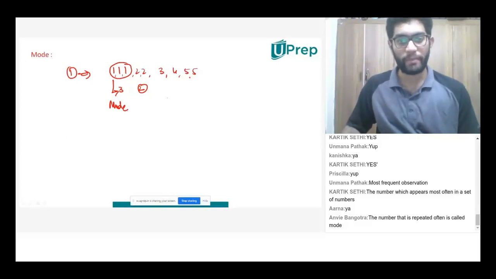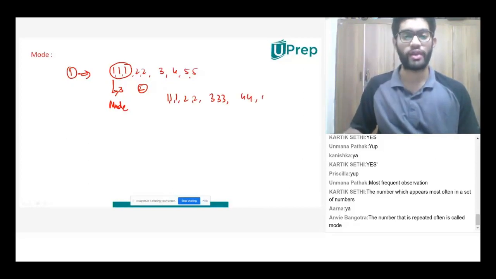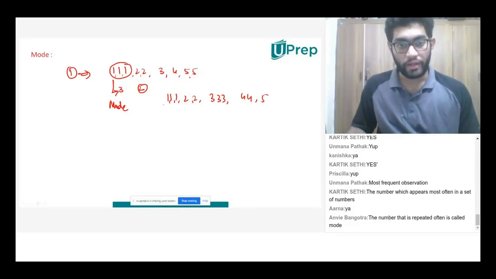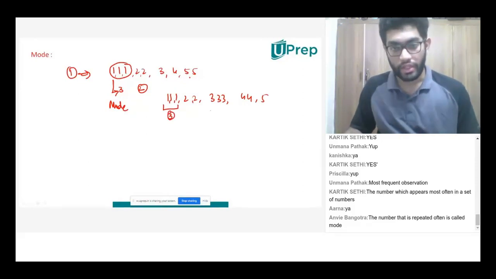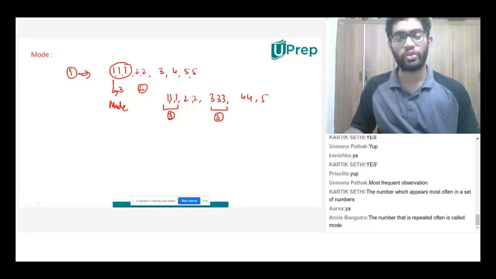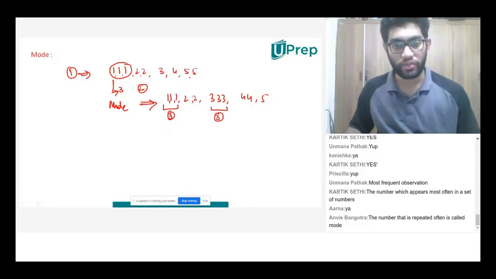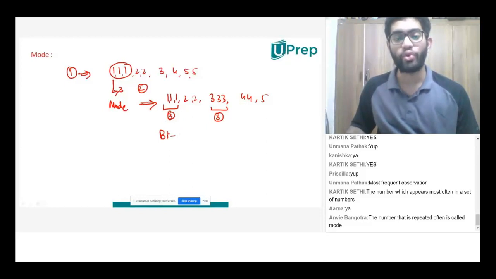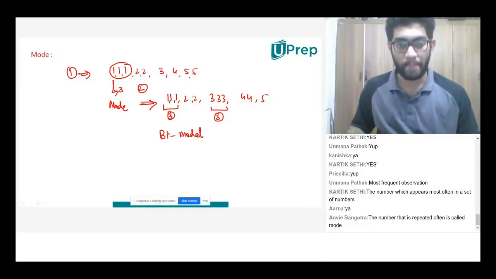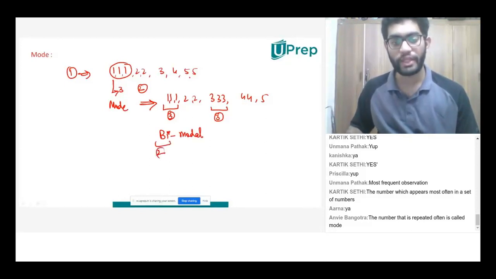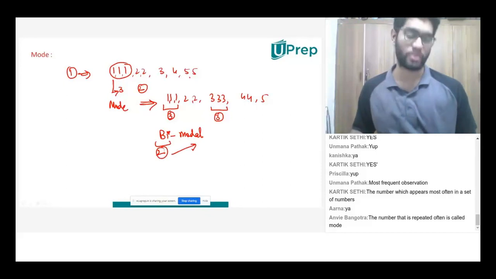Now guys, for example, I had 1 1 1 2 2 3 3 3 4 4 and 5. Now 1 repeats 3 times, 3 also repeats 3 times. Now such a set of data is called bimodal. Bi means 2. It has 2 numbers which repeat.